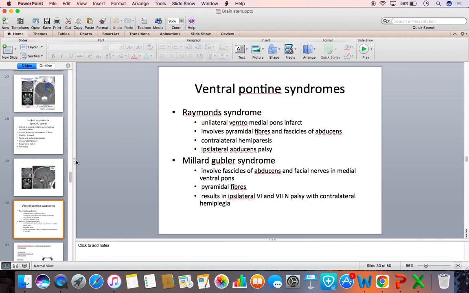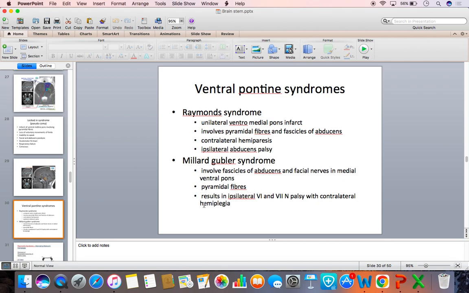Then the other one is the Millard-Gubler syndrome. What are the structures involved in this? It involves the sixth and the seventh cranial nerve in the medial ventral pons. Basically it means fibers of the abducens nerve and those of the facial nerve, and the pyramidal fibers.